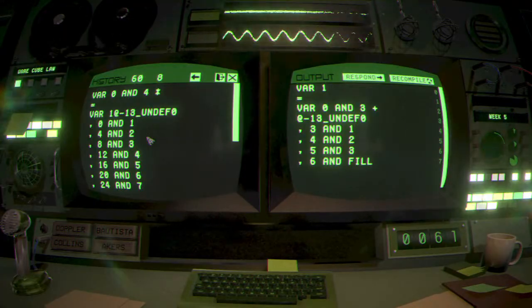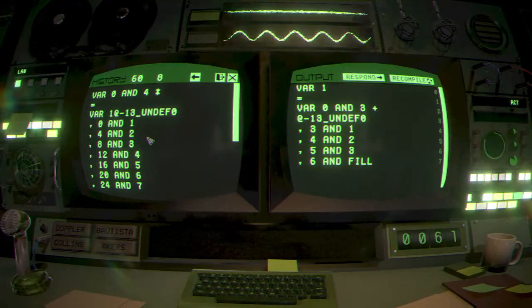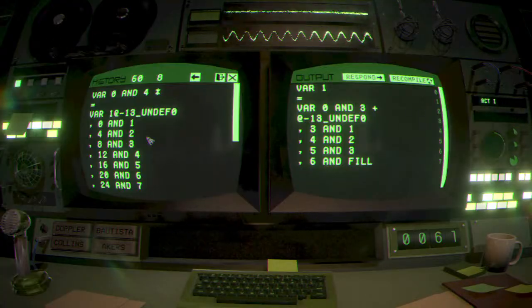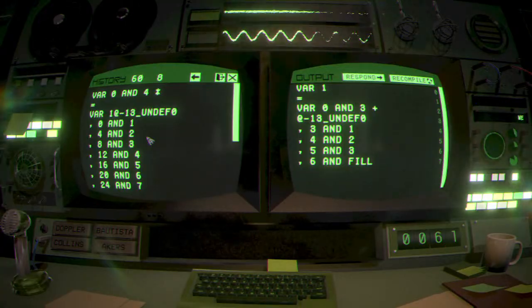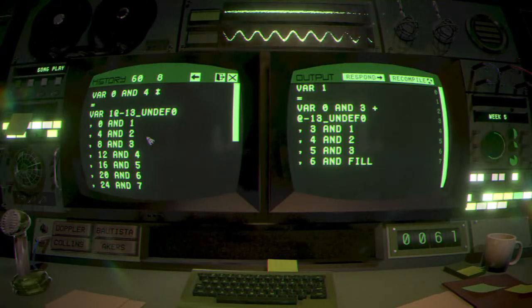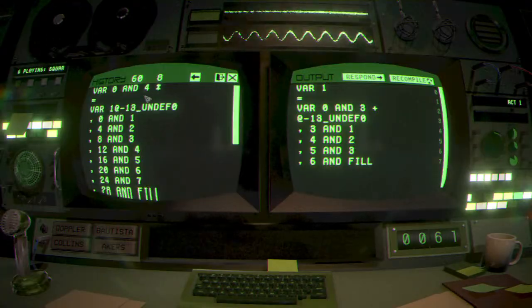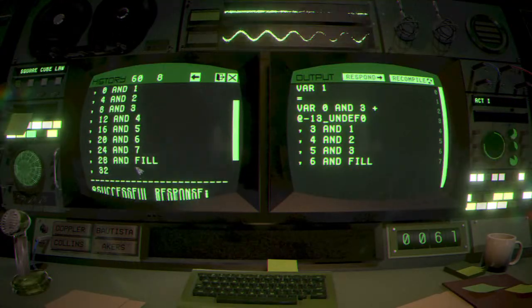And then there's some symbol that I guess says to apply it to everything after.